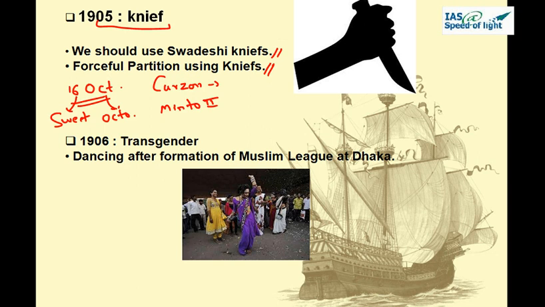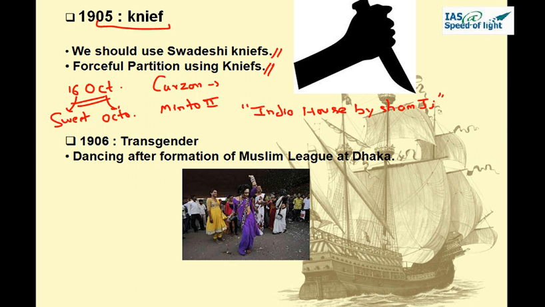Another thing which we want to link with this year 1905 is India House in London, which was set up by Shyamji. In all Indian houses we have an idol of Shyam.